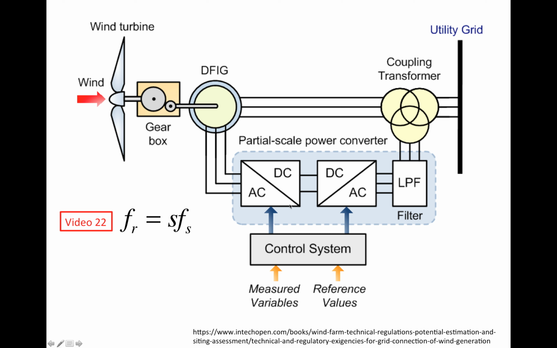But instead of dissipating power as heat, this external circuit is going to capture the excess power from the rotor and convert it into electricity that can be pushed to the utility grid, right? So the entire circuit still has all the benefits of an external circuit.